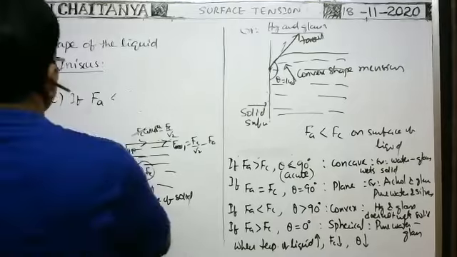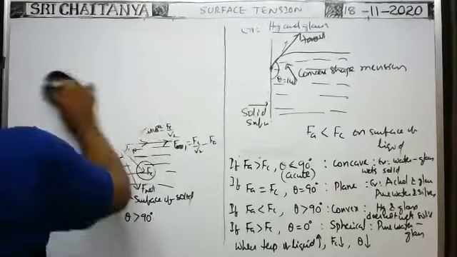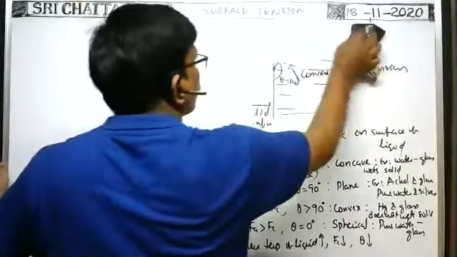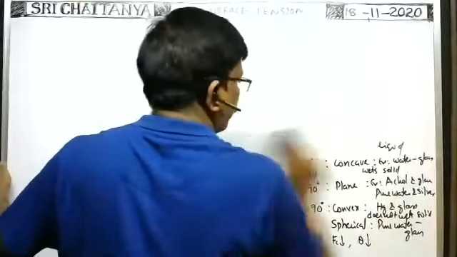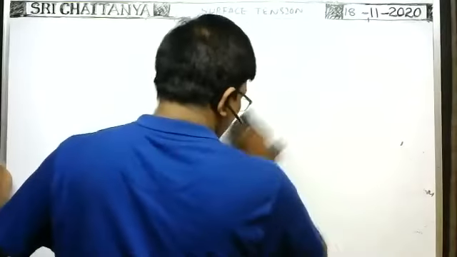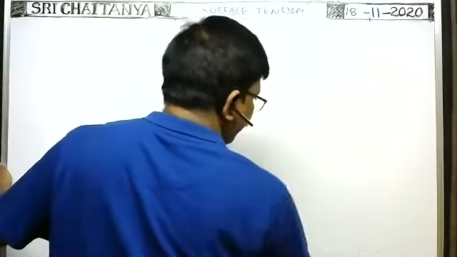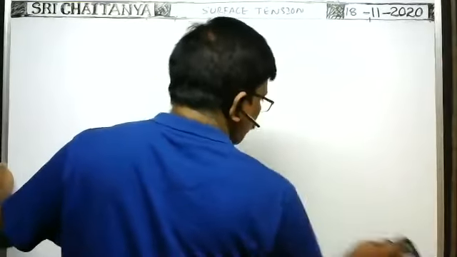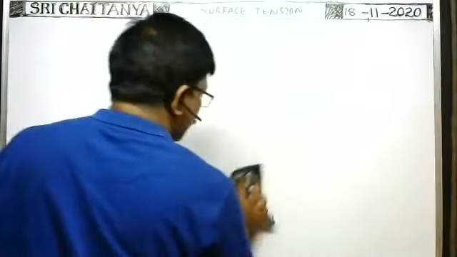Next. If the angle of contact is greater than 90, it does not wet the solid. If it is less than 90 or equal to 0, it wets the solid.